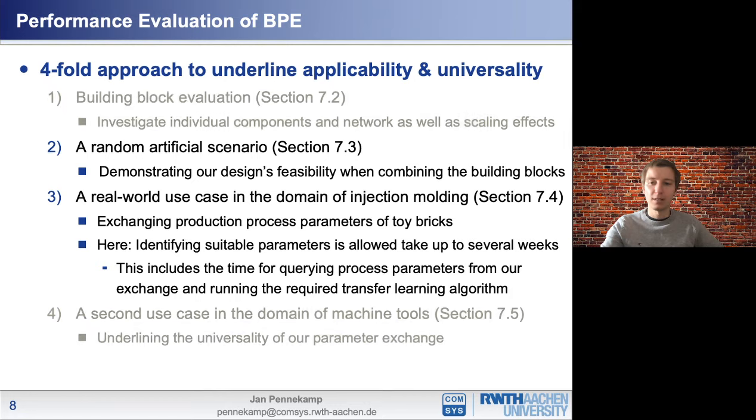For time reasons, I will skip the building block evaluation in this presentation and only focus on a single real-world use case, which considers the exchange of production parameters of toy bricks. Here, the whole process of retrieving the parameters and applying the transfer learning may take up to several weeks, even in real-world deployments.